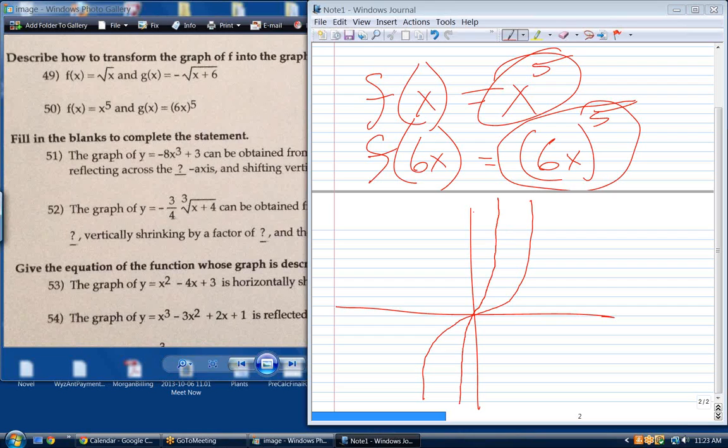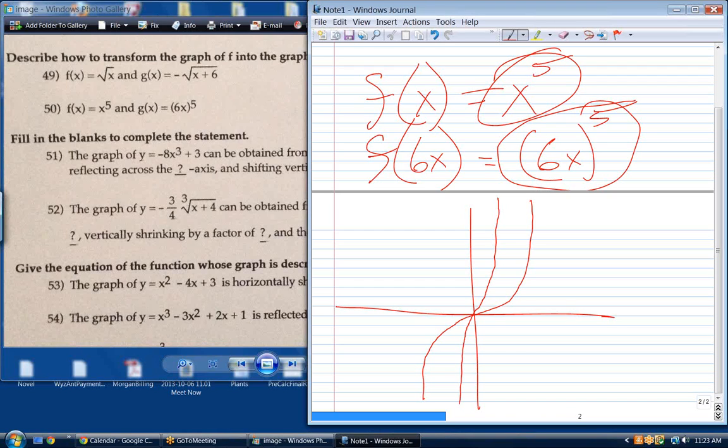So you're correct. It really is more appropriate to say it's a shrink by a factor of 1/6. It's more correct to say it's a shrink by a factor of 1/6 than it is to say it's a shrink by a factor of 6.